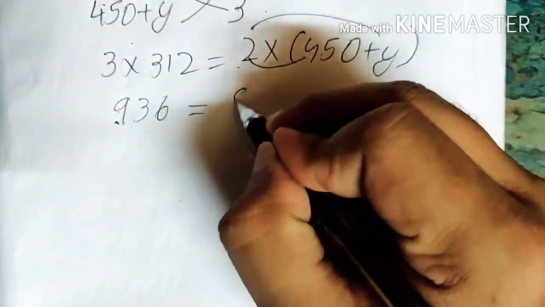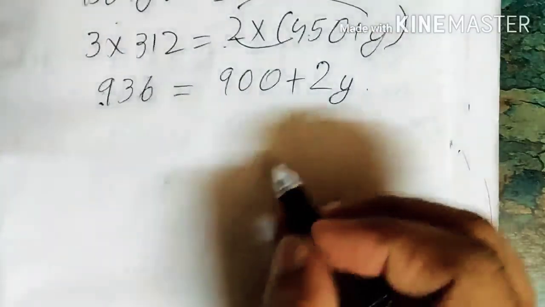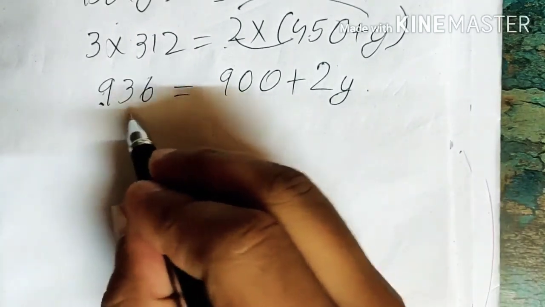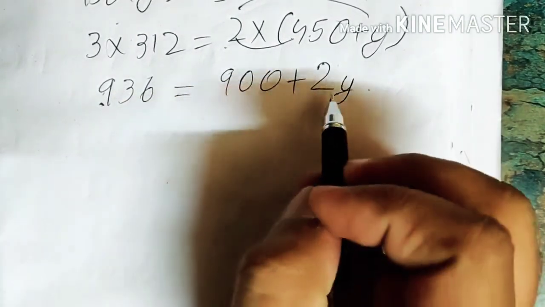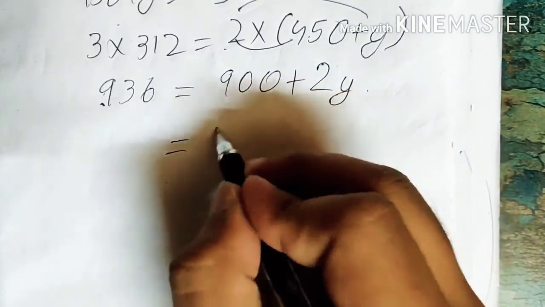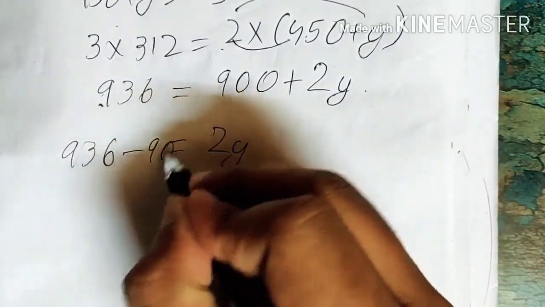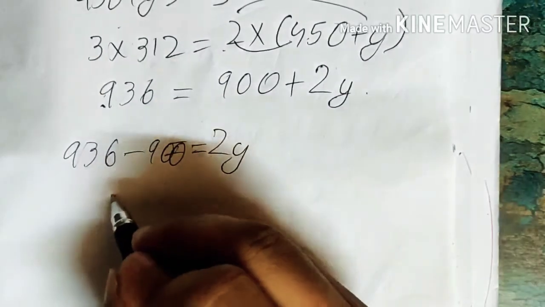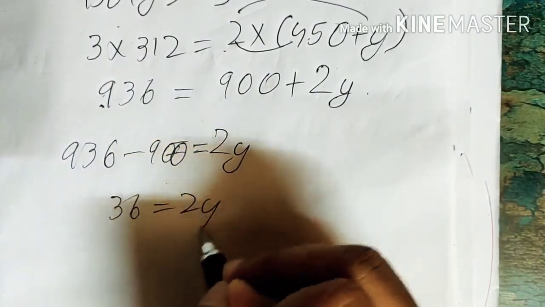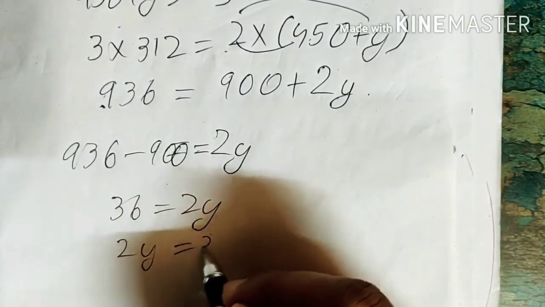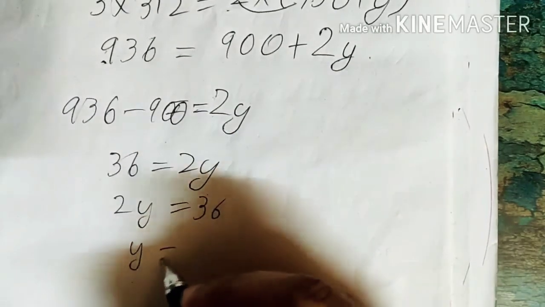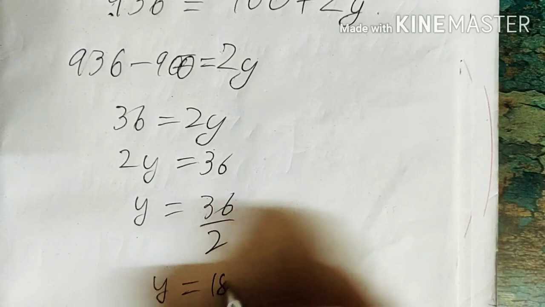So 2 into 450 is 900 plus 2 into y is 2y. So we will keep 2y here itself, and 936 minus 900. So this becomes 36 equals 2y, or 2y equals 36. So y equals 36 upon 2, y equals 18.